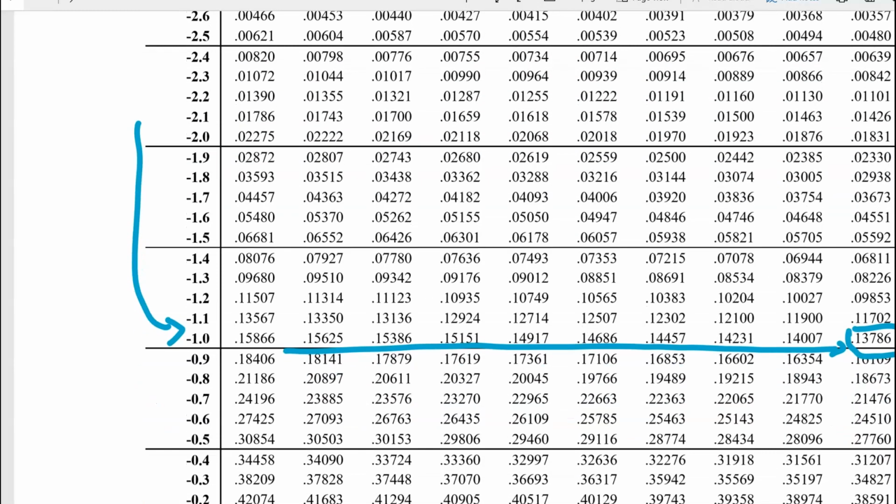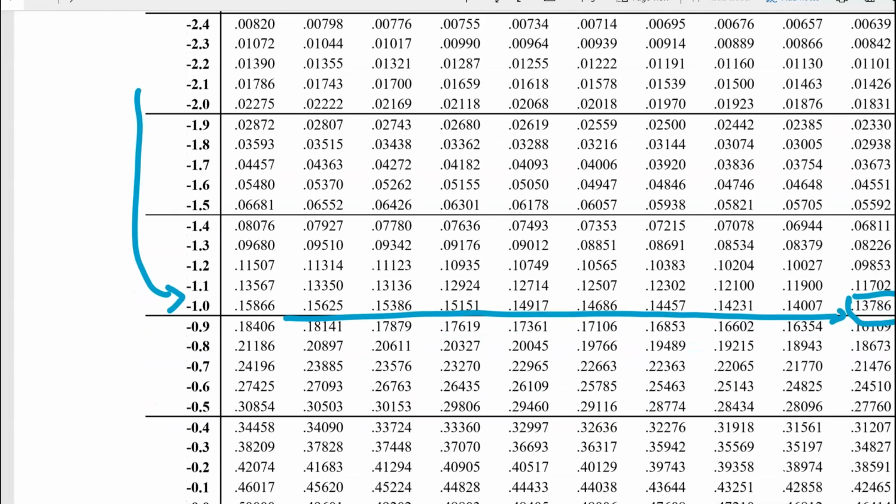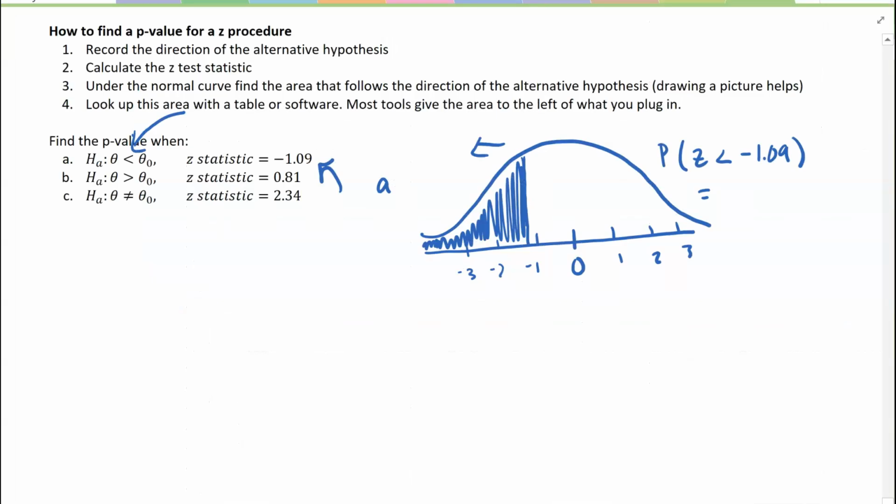We only go to 2 decimal places here, and that's good enough. We see that our p-value is 0.13786. That's the area below the curve here. So I found it. I'm done.